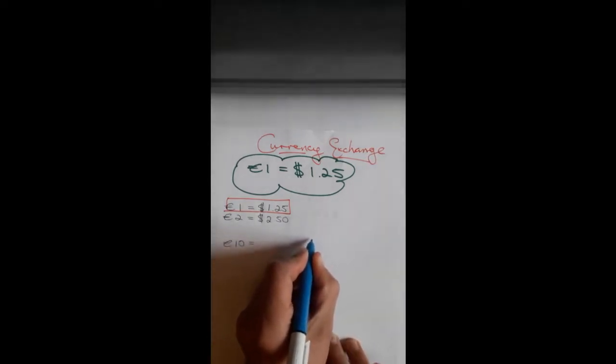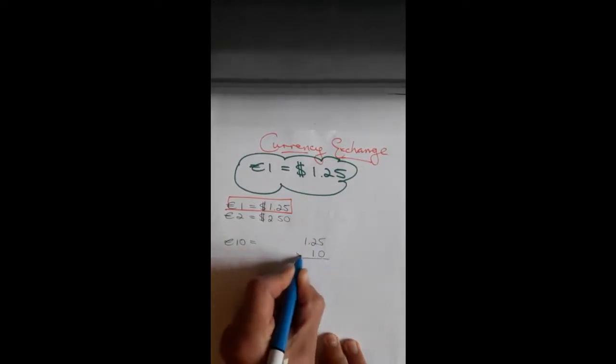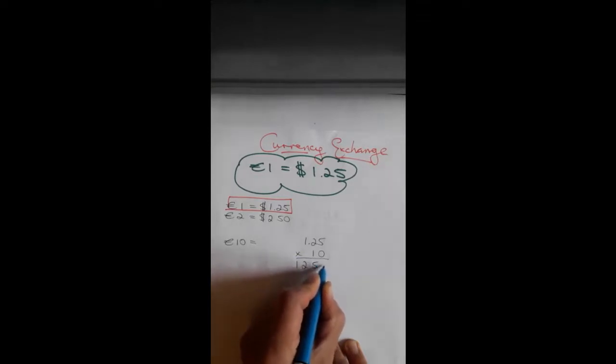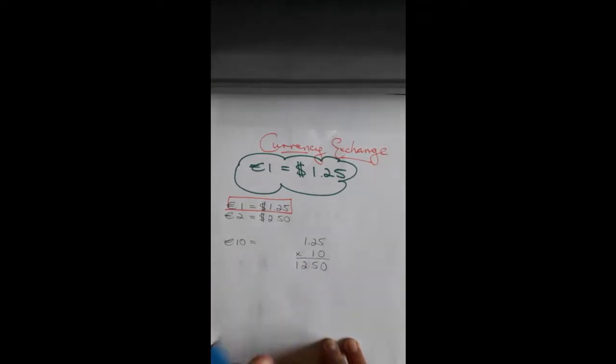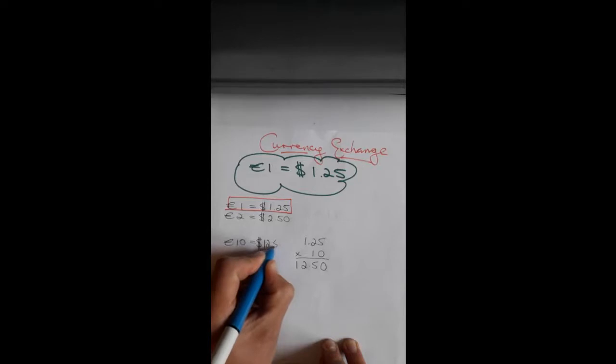So I'll do that over here. $1.25 multiplied by 10, and my answer is going to be $12.50. So €10 is equal to $12.50.